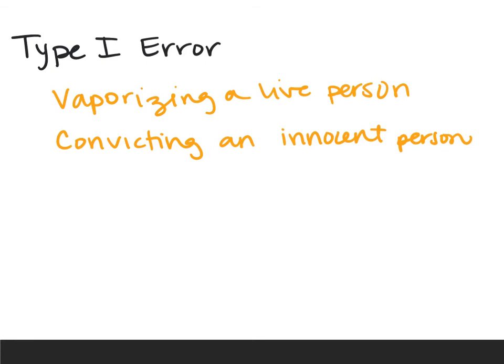Of course, we don't want to make either error, but there is a saying, it is better to let 10 guilty men go free than to incarcerate one innocent man. This is actually a quote from back in the late 1700s by an English jurist, William Blackstone.